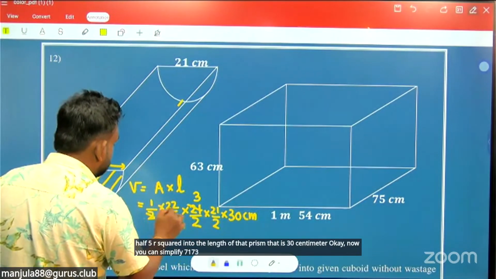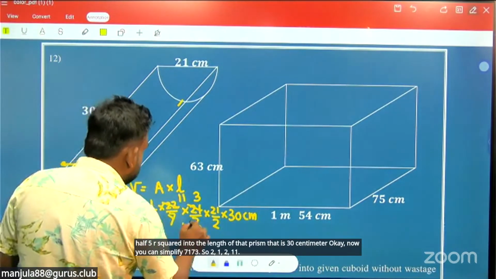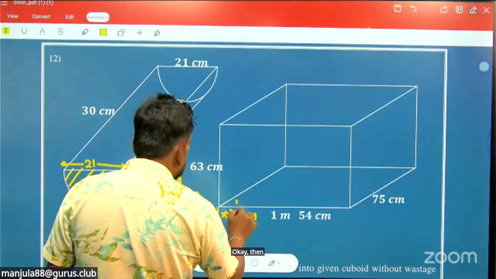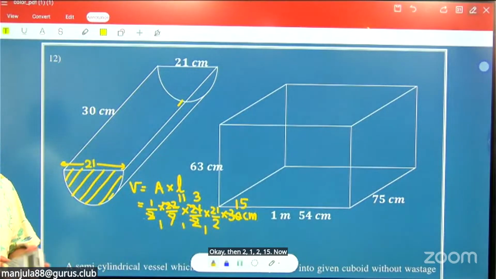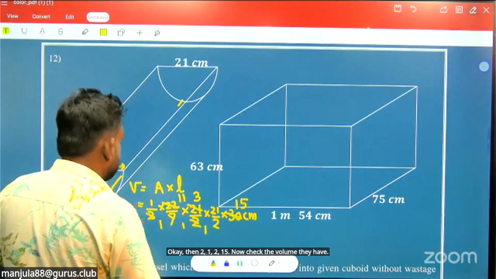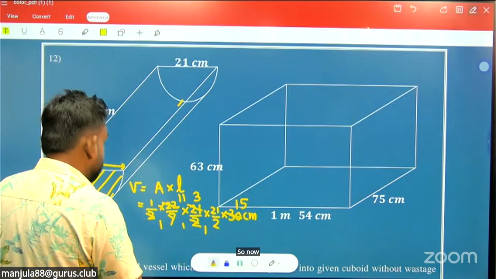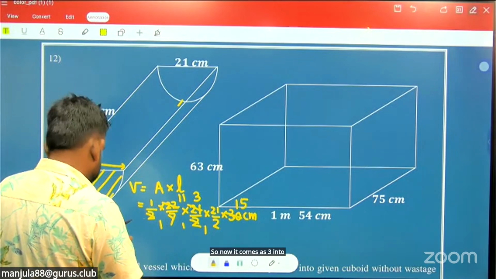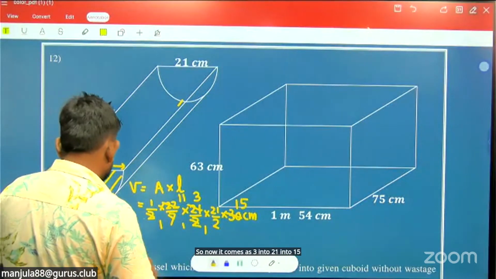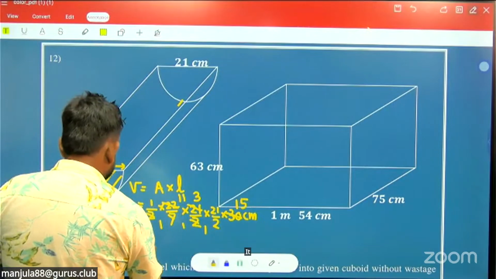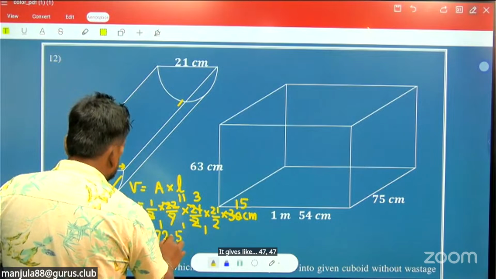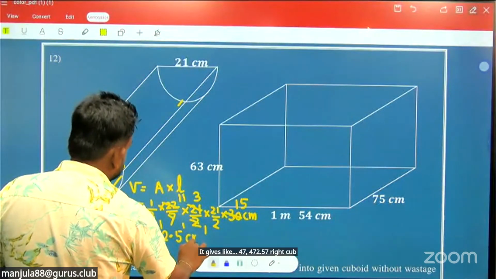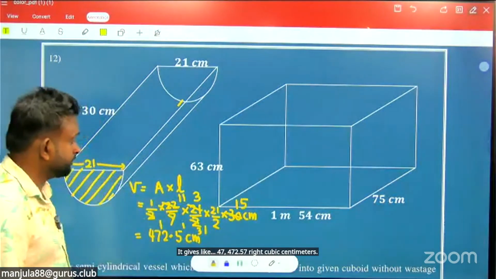So 2 1 2 11. Then 2 1 2 15. Now check the volume there. So now it comes as 3 into 21 into 15 divided by 2. It gives 472.5 cubic centimeters, isn't it?